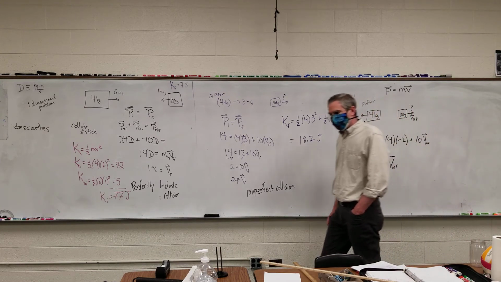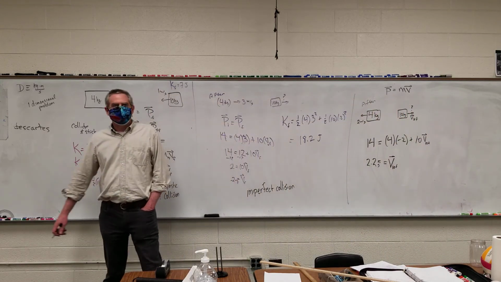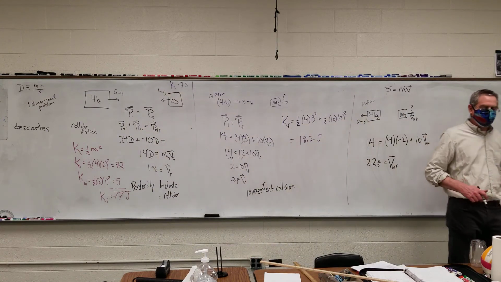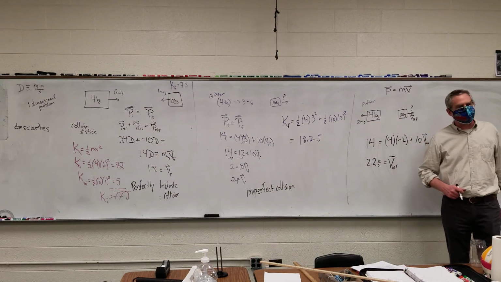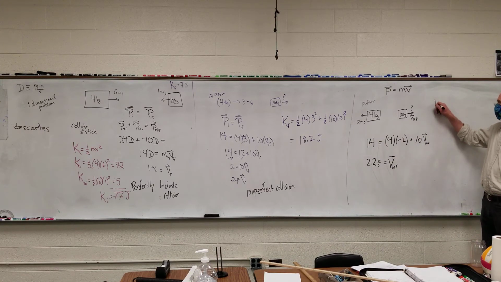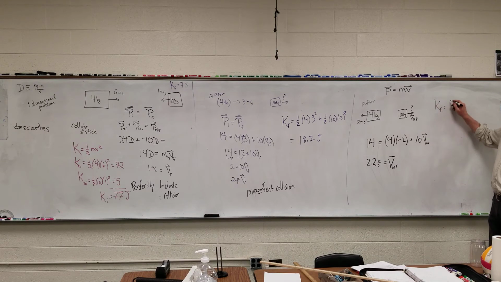All right. Momentum is conserved in all 3 of these cases. Let's take a look at the kinetic energy. I know my initial kinetic energy is 77 joules because, again, my initial condition has not changed. But afterwards, K final, 1/2 times 4 times 2 squared plus 1/2 times 10 times 2.2 squared.